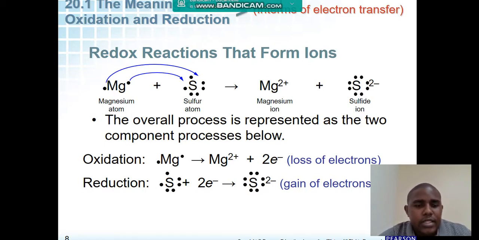But in this reaction, we do not have any oxygen removal or addition. But again, oxidation and reduction can be defined in other ways, and this is one of the other ways in which we discuss oxidation and reduction, in terms of electron transfer.